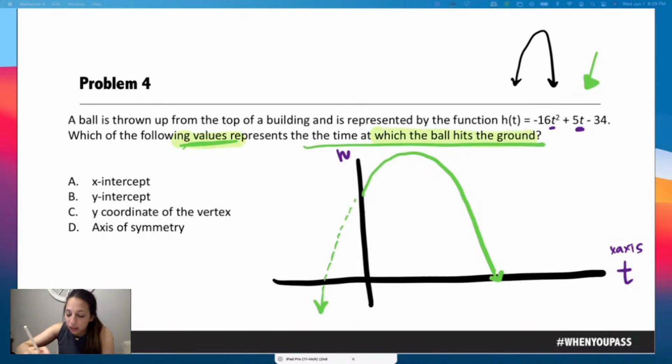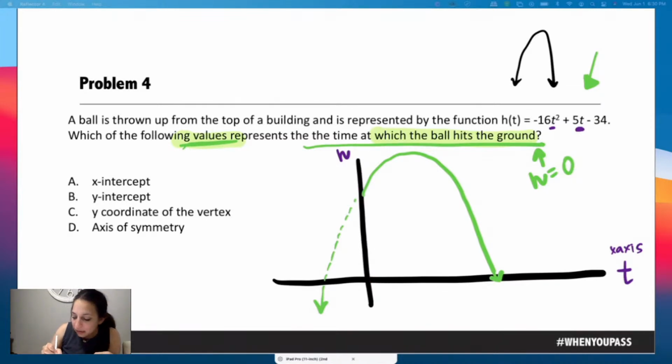Well, the ball hitting the ground is a value of h equals 0. Where does my height equal 0? My height equals 0 right here, or anywhere on this x-axis. Where does time equal 0? Time equals 0 right here or anywhere on the y-axis.